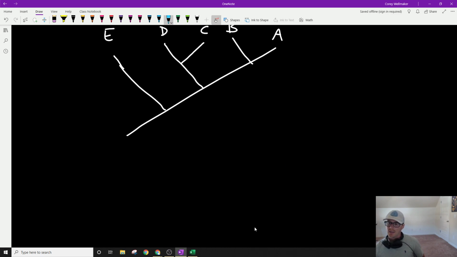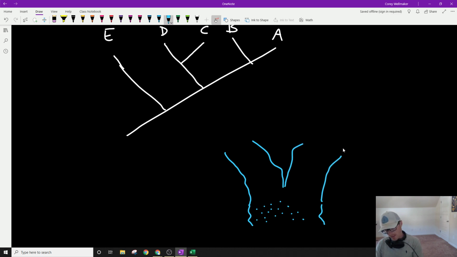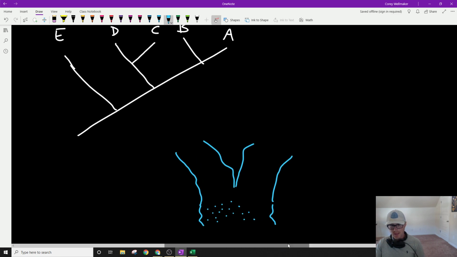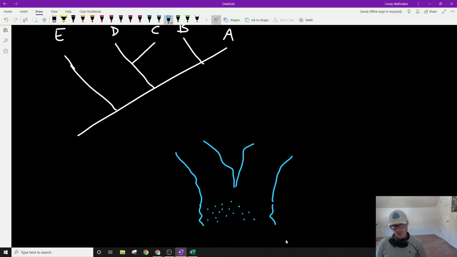You've got some sort of ancestral population, like let's pretend we're at a bird's eye view, looking down on all of these organisms in this population. What we're seeing is the population splits like this, and they go down their own way. They stop interbreeding with each other, and as a result, you get speciation.